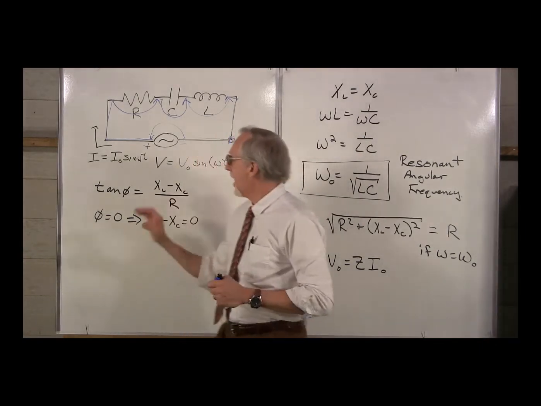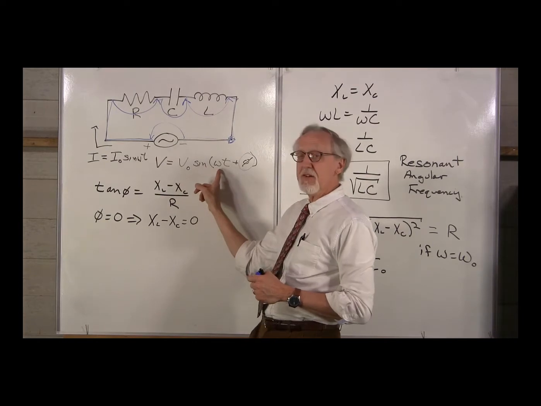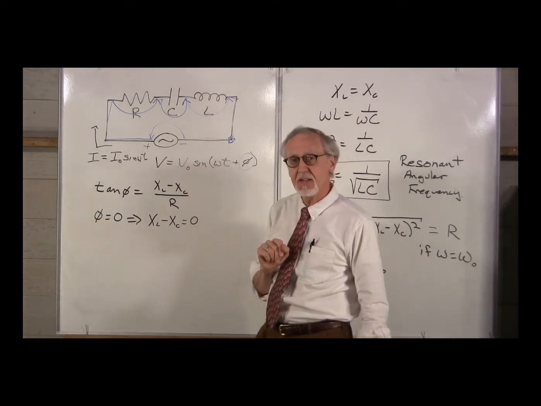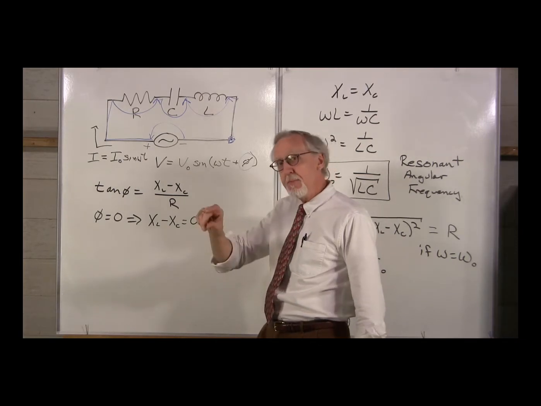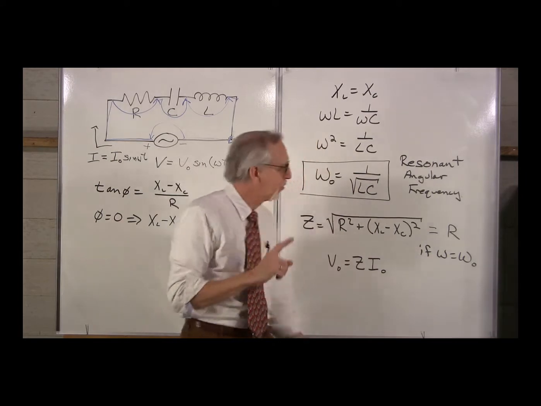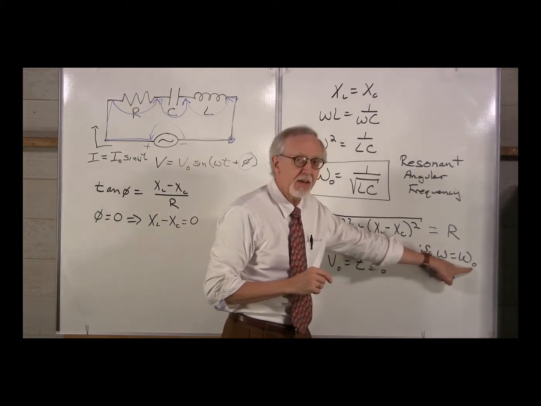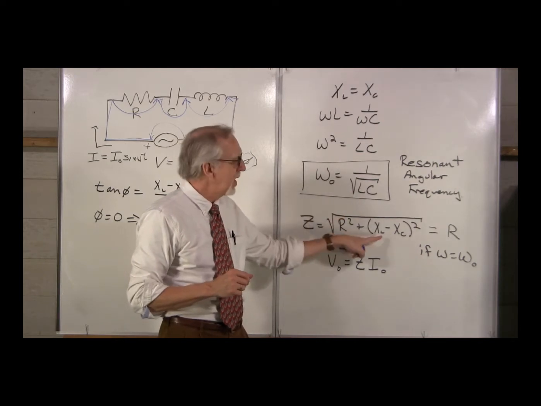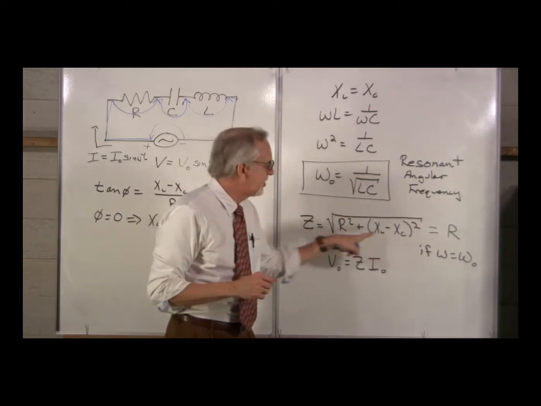If the frequency of the circuit equals omega naught. Think about having our circuit here and we vary the frequency. If we vary the frequency of our oscillating voltage source, we might tune that frequency to a particular value. And if we tune it to omega naught, where omega naught is 1 over root LC, what happens? We have reduced the impedance.